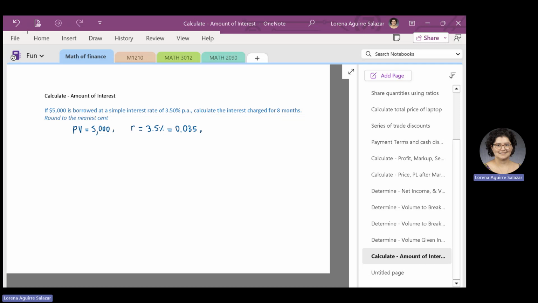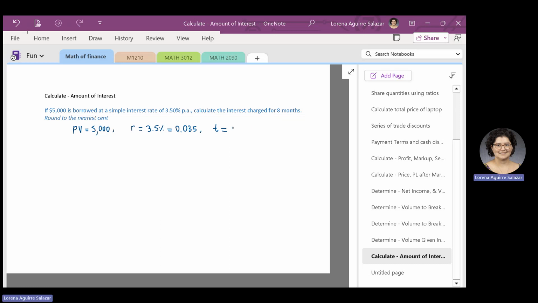Another thing they tell us in the statement of this problem is that the principal is borrowed for 8 months. Those 8 months correspond to the time period. We denote time period by T. That's a period of time for which the principal amount is borrowed, during which interest is charged.